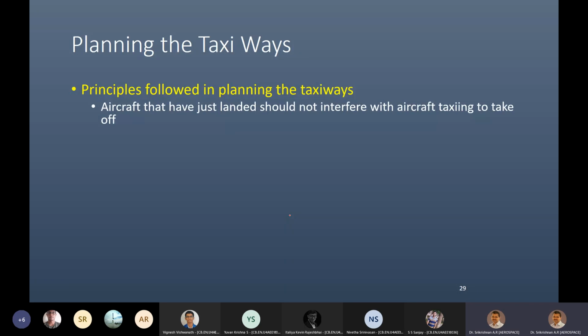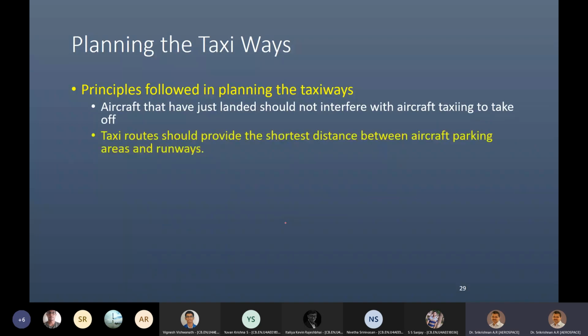So the taxiway should be in such a way that it can either bypass it or connect it through another route, so that this one doesn't have to wait for the other to move out of the runway as much as possible.